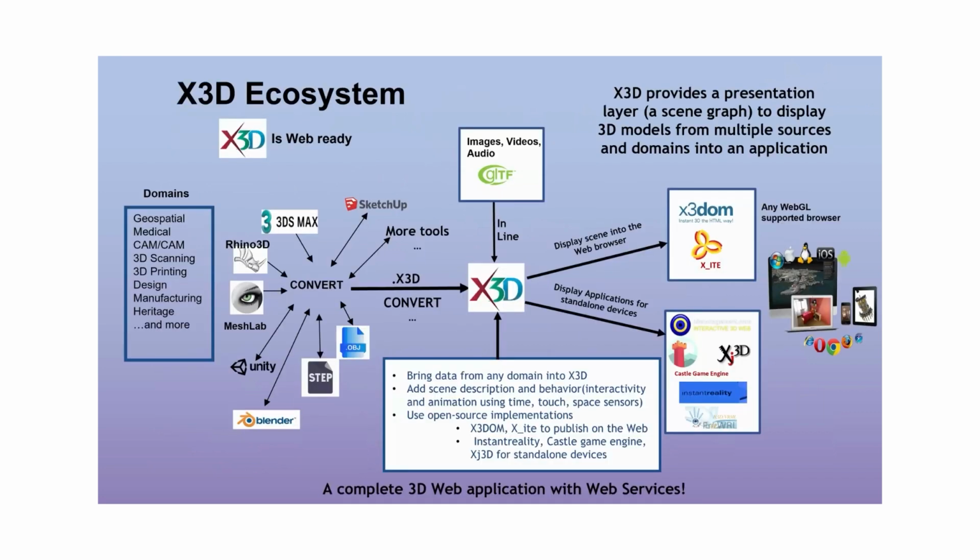And this is a busy slide, but it's a very important one too. So X3D provides a presentation layer to display your 3D model from any domain and any tool that you're using. So if you're creating your 3D model in 3ds Max or SketchUp or MeshLab, you would convert it to X3D, you would inline your images, your videos, your audios, and GLTF.